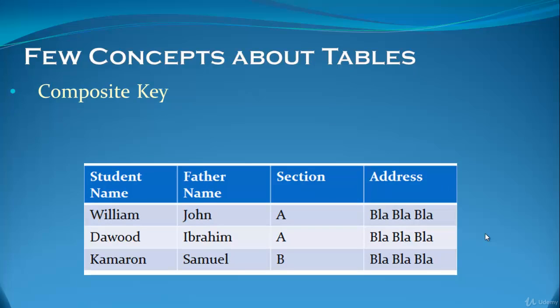Sometimes data of our tables does not have a unique identifier. For these cases, we have to define two or more different columns as primary key. If a primary key consists of two or more columns, it is called a composite key.